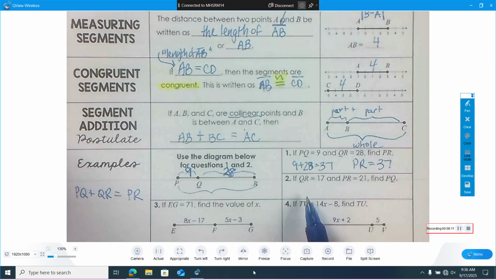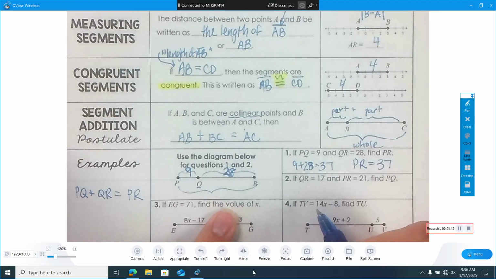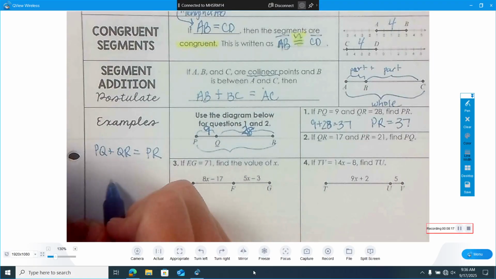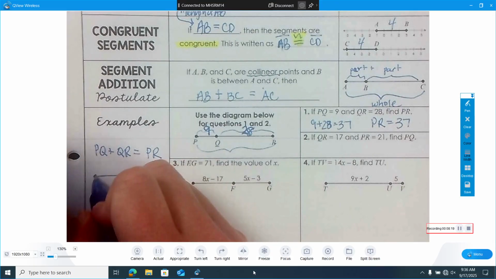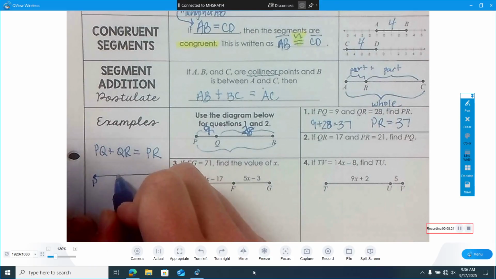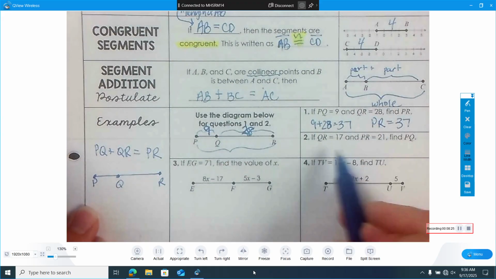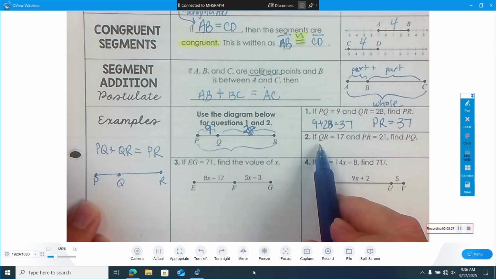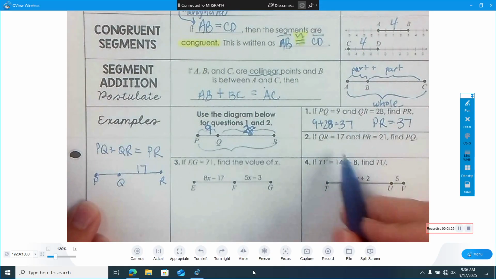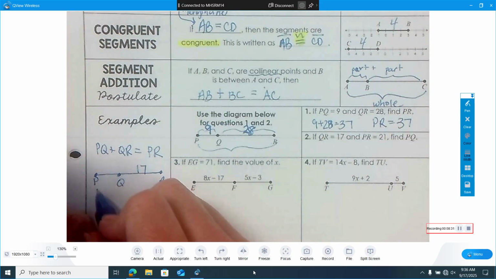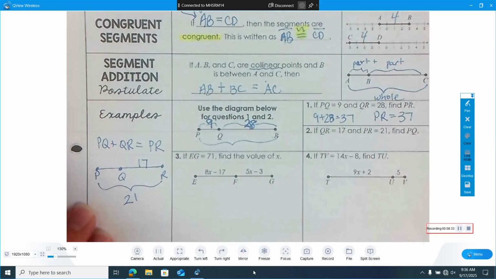Okay. What about, I'm gonna redraw the picture over here, just so everybody's seeing the same thing. Okay. So on number 2, QR is 17, and PR is 21.